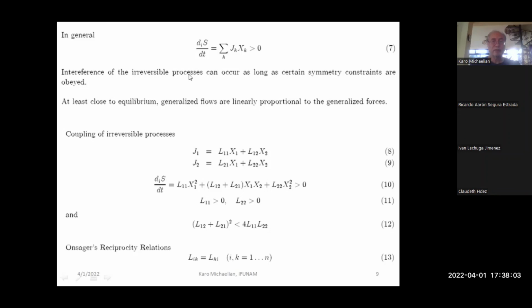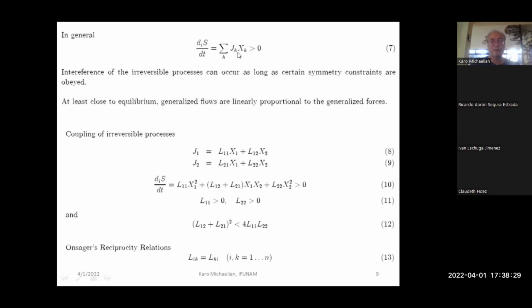We can also have interference of irreversible processes as long as we maintain certain symmetry constraints. So for example, we cannot have a scalar force giving rise to a vector flow. So we have to observe the symmetry constraints.